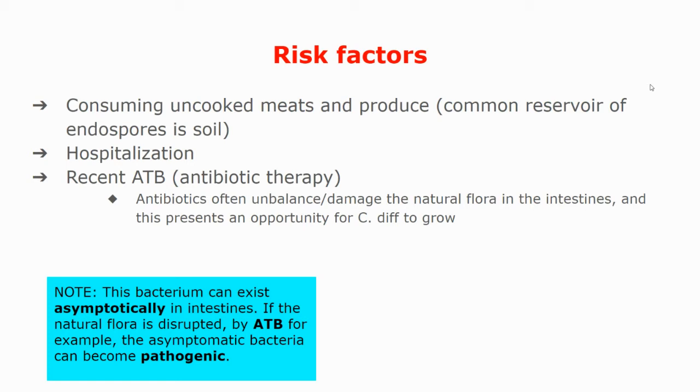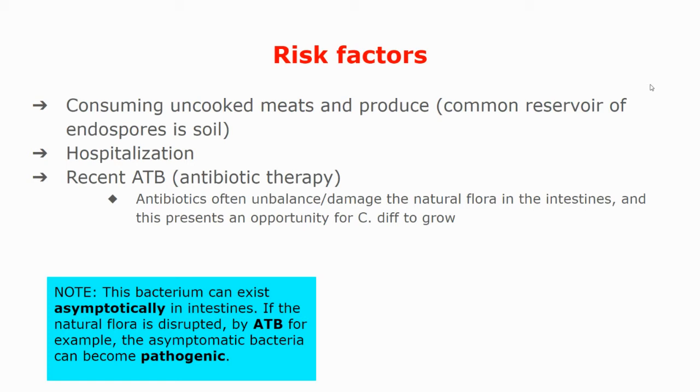Hospitalization is also a risk factor, because in hospitals you're exposed to all sorts of diseases, because that's where sick people go, and they're going to be generating these endospores. Even though we try really hard to follow asepsis, sometimes this stuff still gets around and we can't clean everything. So there's more presence of these endospores in hospitals, and that's a risk as well.